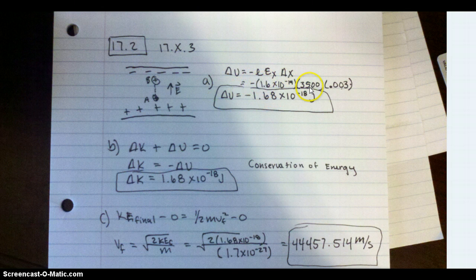And you plug and chug, and this was in millimeters, so I had to change it to meters, and I got negative 1.68 times 10 to the negative 18 joules.